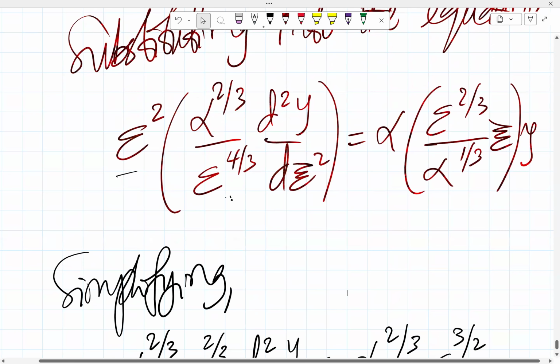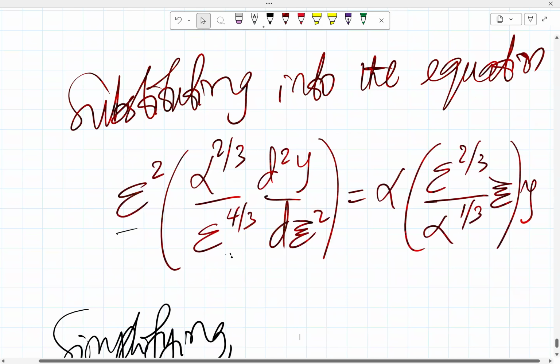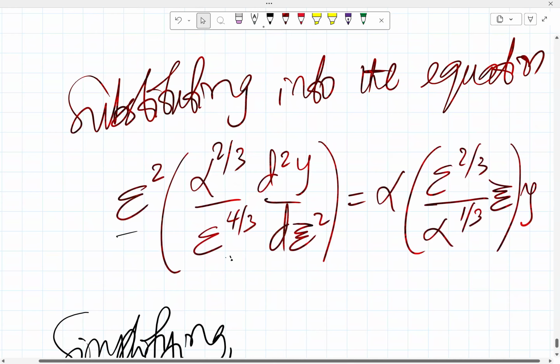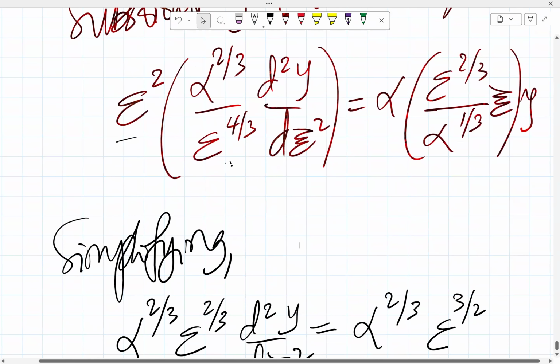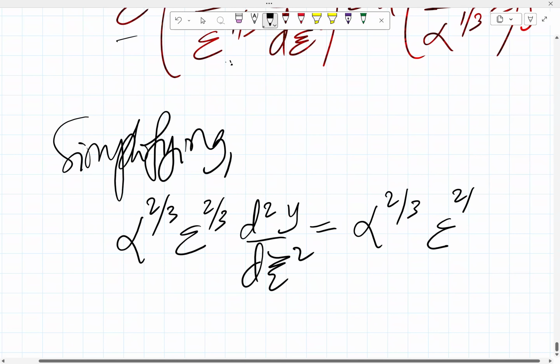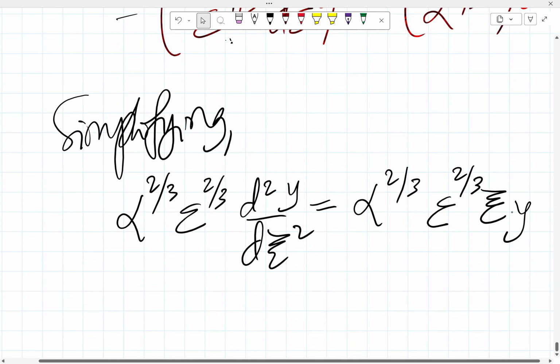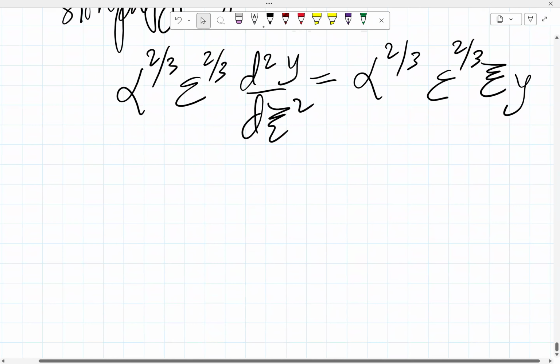So we have alpha raised by 1 minus 1 over 3, that's 2 over 3, then epsilon raised by 2 over 3, then we have psi, then we have y.